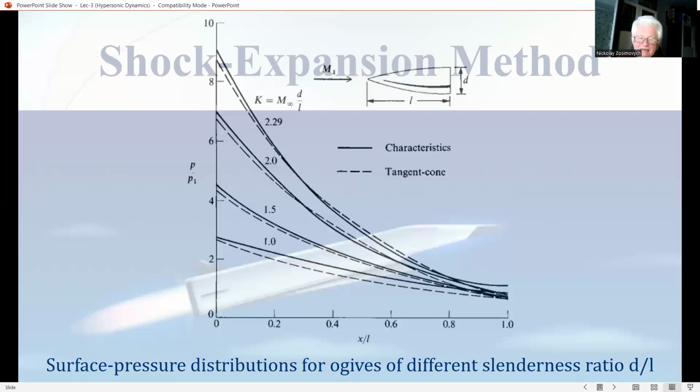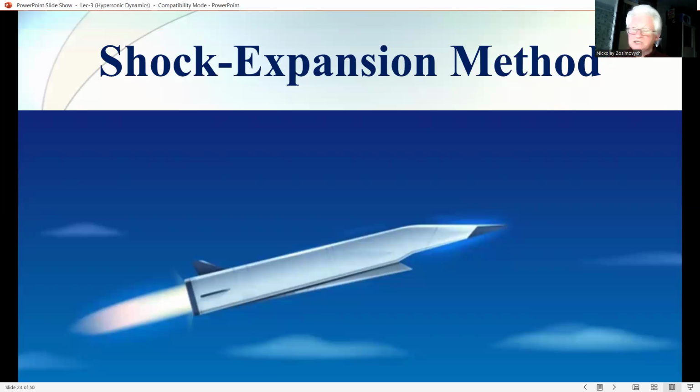And now let's come to the shock expansion method. Of the local surface inclination methods discussed so far, the Newtonian method can be applied to a body surface of any inclination angle, whereas the tangent wedge or tangent cone method requires a local surface angle less than the shock detachment angle for the given free stream Mach number.